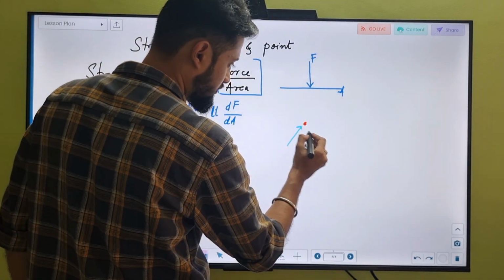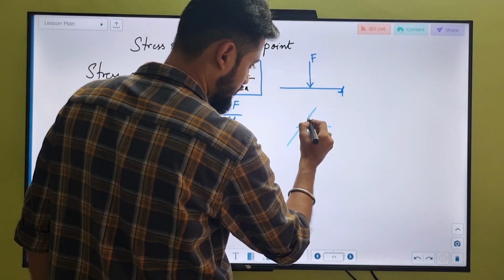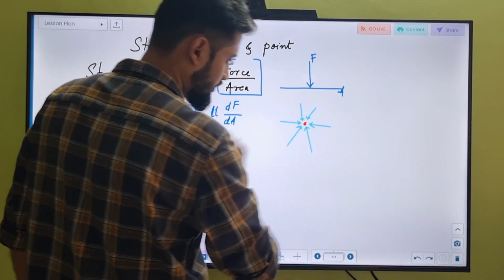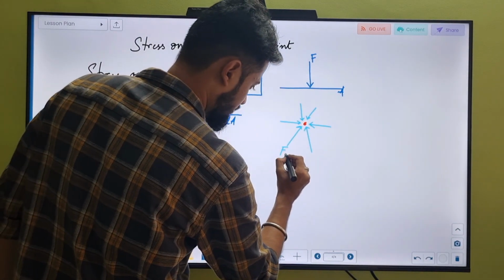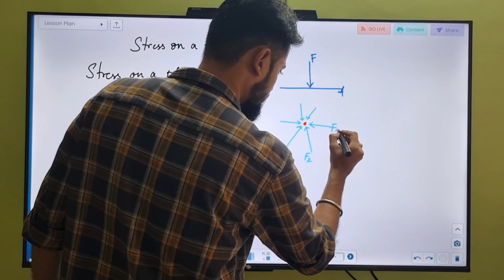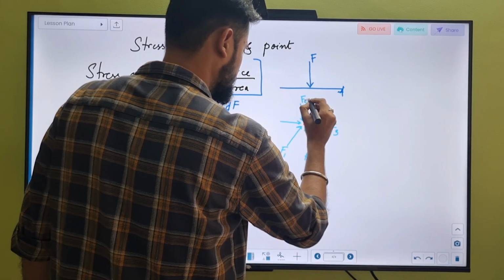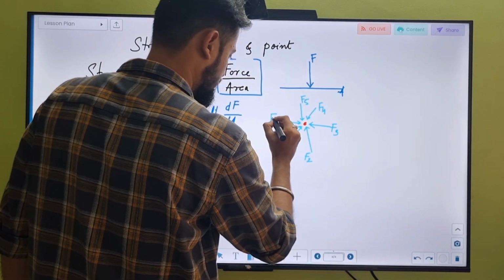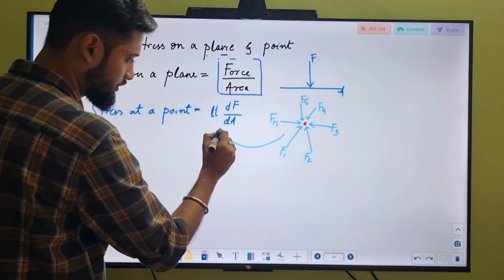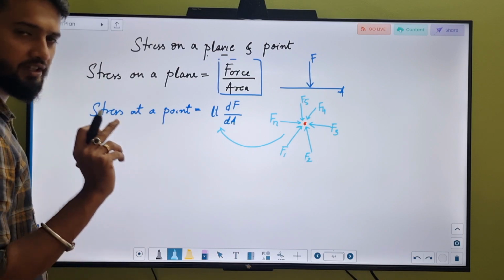It will have multiple directions of force acting upon it: F1, F2, F3, F4, F5, and Fn. That's why we take the differential formula for the stress at a point.